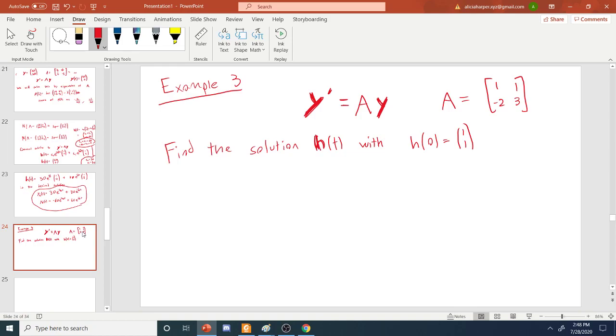So our strategy is going to be generally the same, which is first we try to find the eigenvectors and eigenvalues of A. So we write down the characteristic polynomial.